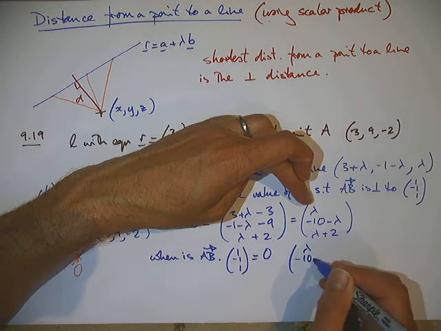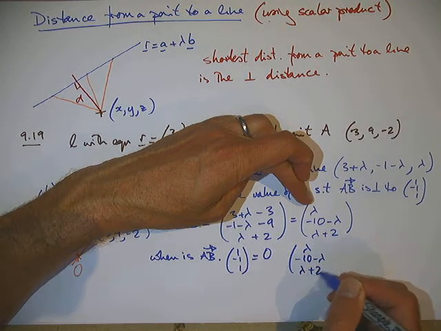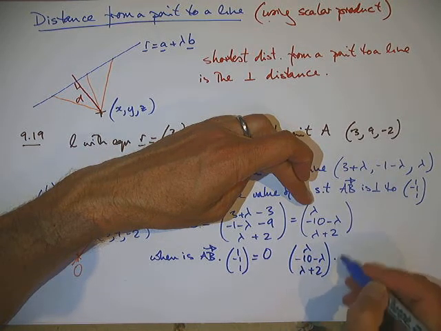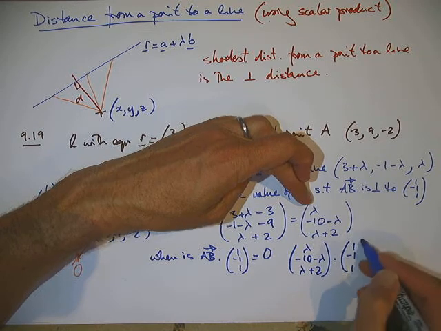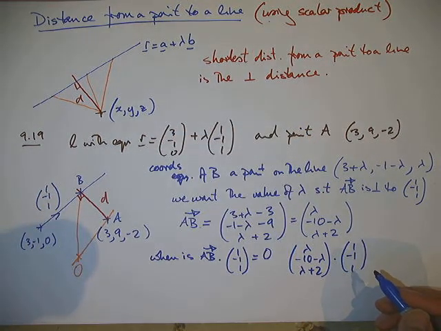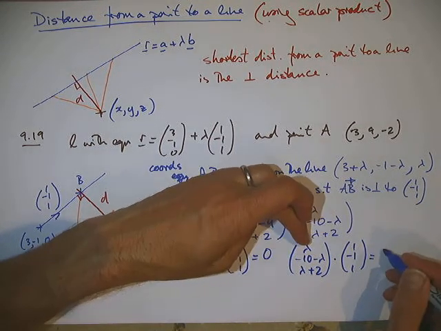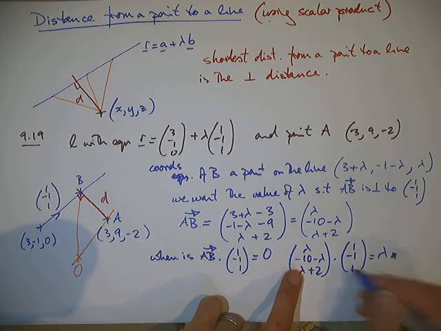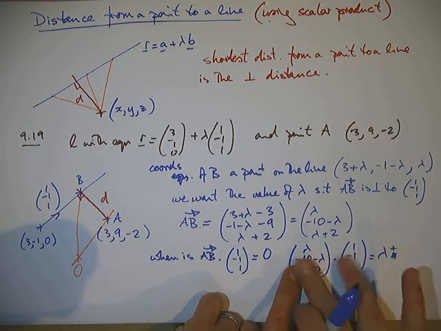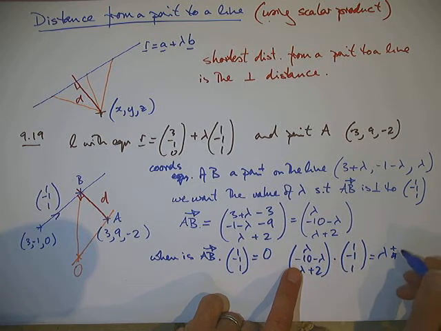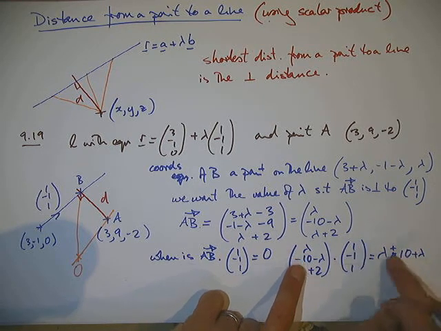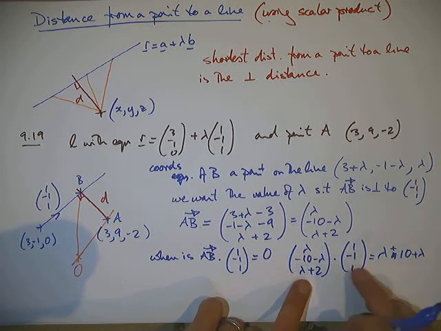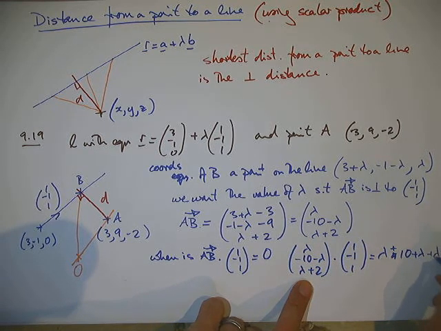(Lambda, -10 take lambda, lambda plus 2) dotted with (1, -1, 1) is, multiply them: lambda times 1, minus 1 times both of those, 1 times that, lambda plus 2.